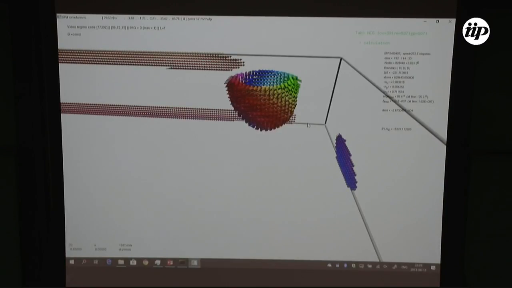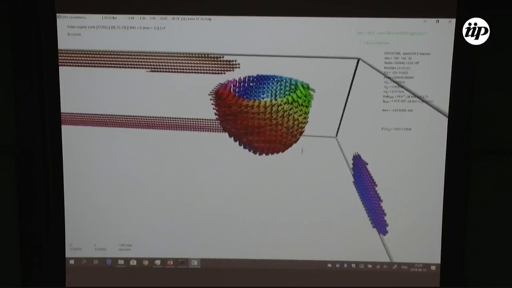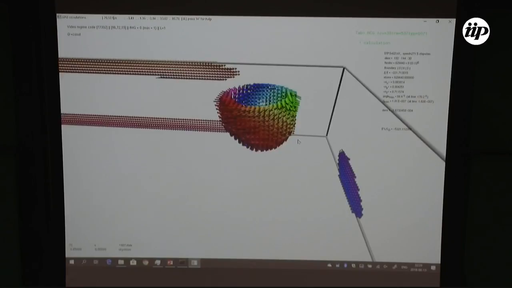And what is this? It is very interesting because this object is full of topology, but if we combine all this topology together, it has no topological charge. So let me explain.